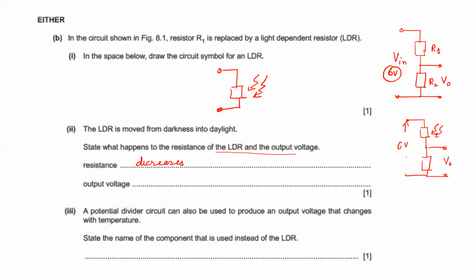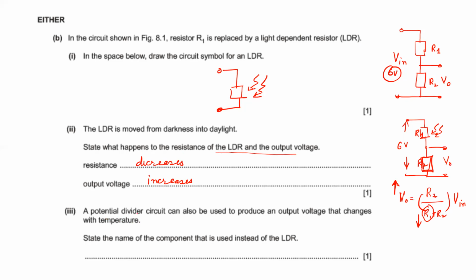This is 6 volt here. Okay. So if this resistance decreases, what happens? So by VDR, V output is R2 divided by R1 plus R2 into V in, right? So if my R1, technically the LDR, is decreasing, what will happen to the output voltage? The output voltage will increase.